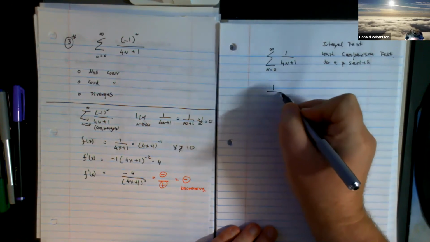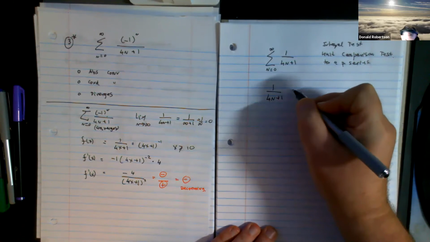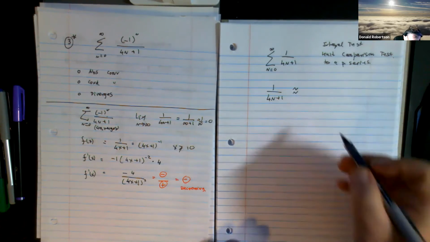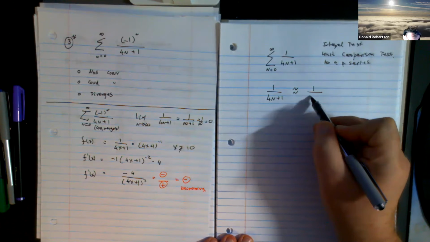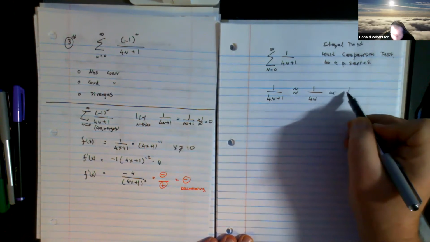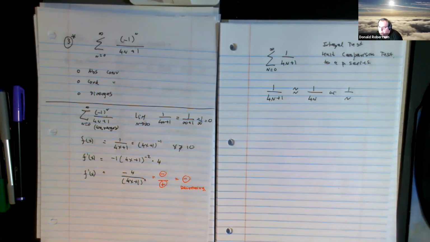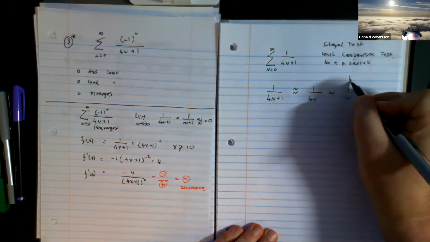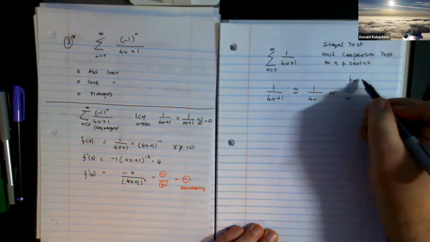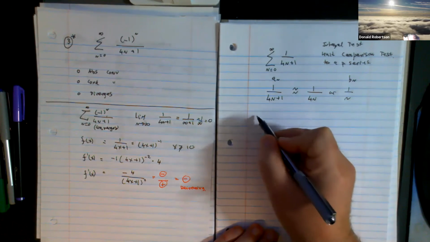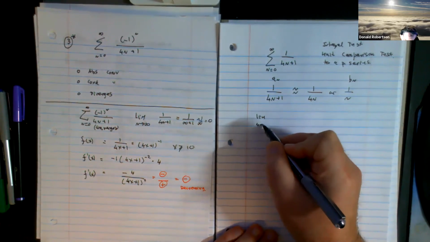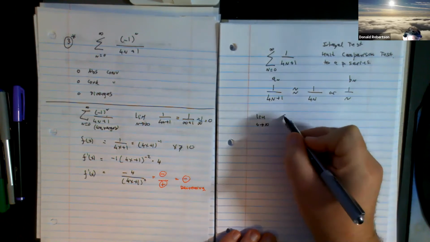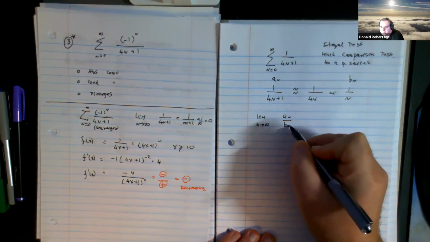Okay, well, let's see who this fella looks like. Doesn't he behave like that guy, or if you want to, doesn't he behave like that guy? Remember we did the most important guy in the top, in this case it's 1, most important guy in the bottom is n. So this guy is going to be my bn, my comparison guy, and this is the original. In the limit comparison test, you take the limit of that guy.